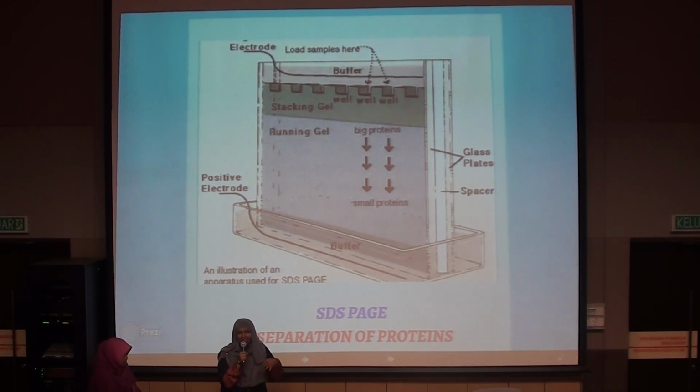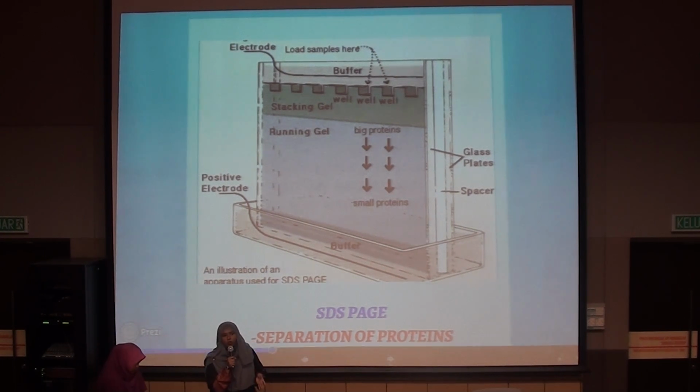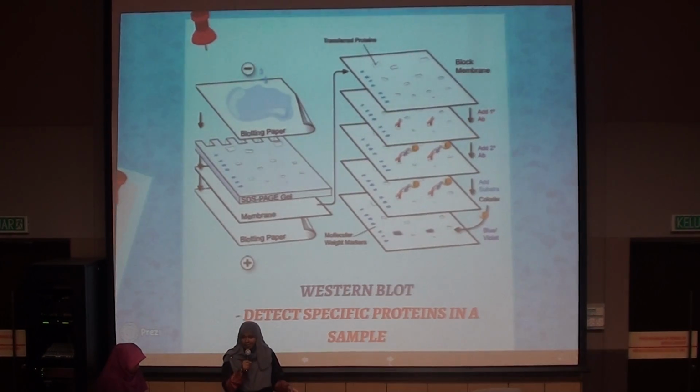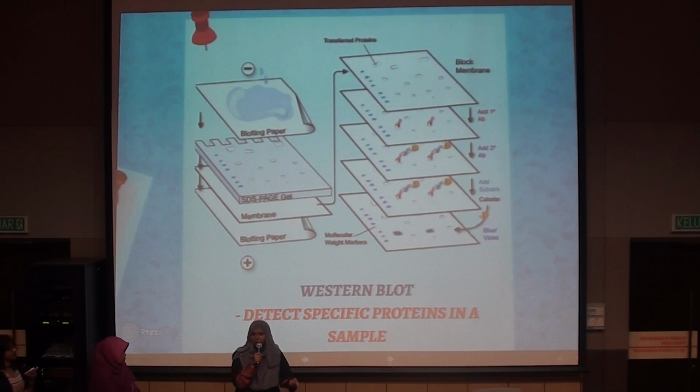So the third option that we have is Western blotting. In order to do Western blotting, you need to do sample preparation first, and then you need to do SDS-PAGE, and also you need to do antibody probing. As mentioned by Eka just now, the protein will bind to the membrane.